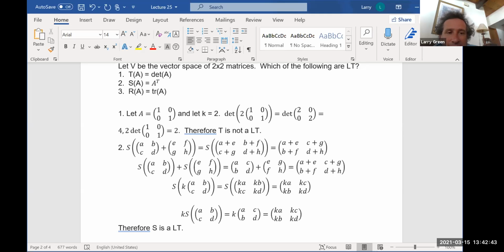All right, now let's do the trace. Okay, and by the way, are real numbers a vector space? What do you think?